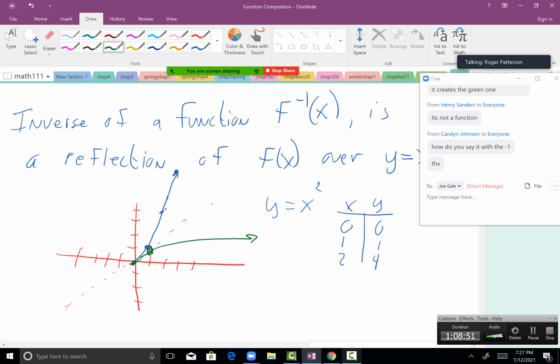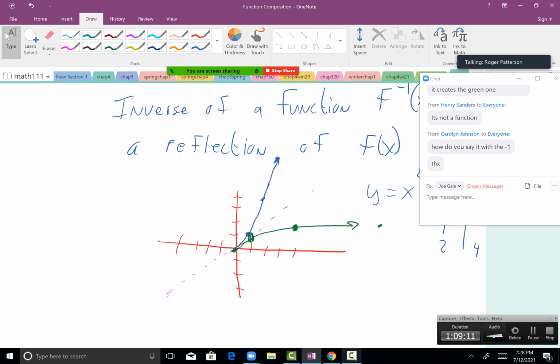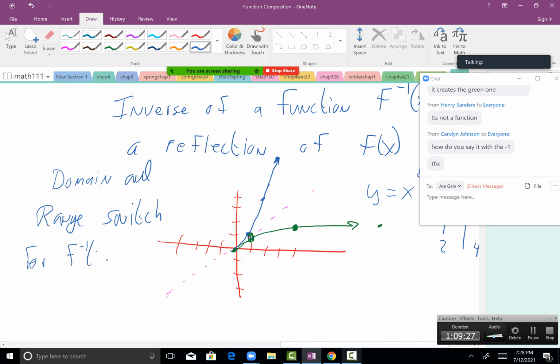But 2, 4 becomes 4, 2, and 3, 9 becomes 9, 3. So the x's and the y's switch. And that's an important idea in inverses, that the domain and range switch, for f inverse of x and f of x.